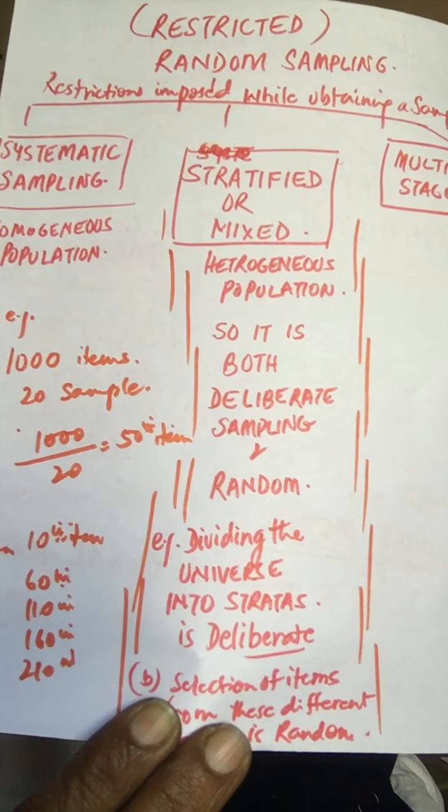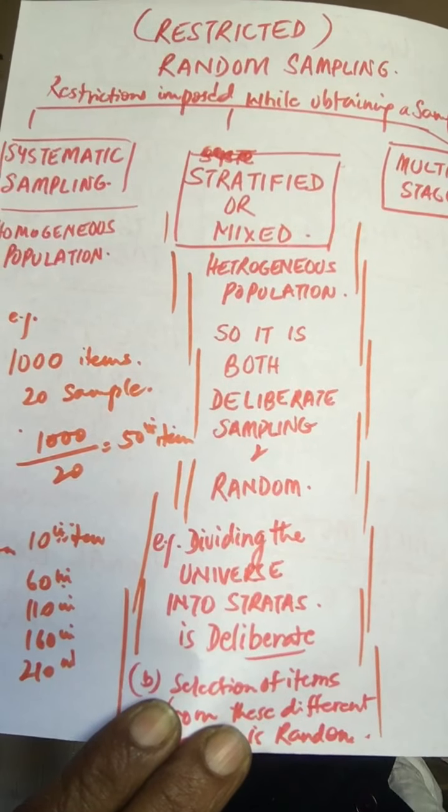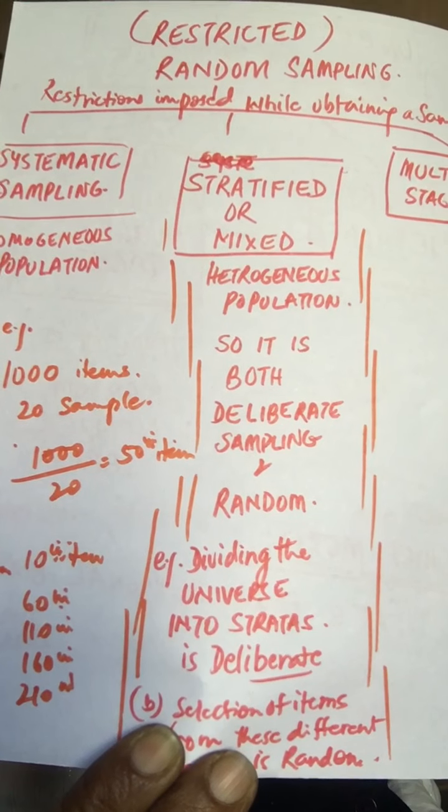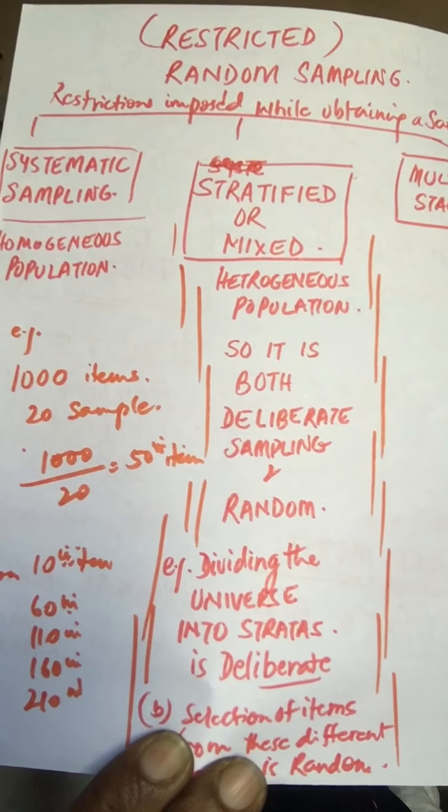Now, let's come to the second one, stratified or mixed sampling. This method is generally adopted when the population consists of different groups with different characteristics.